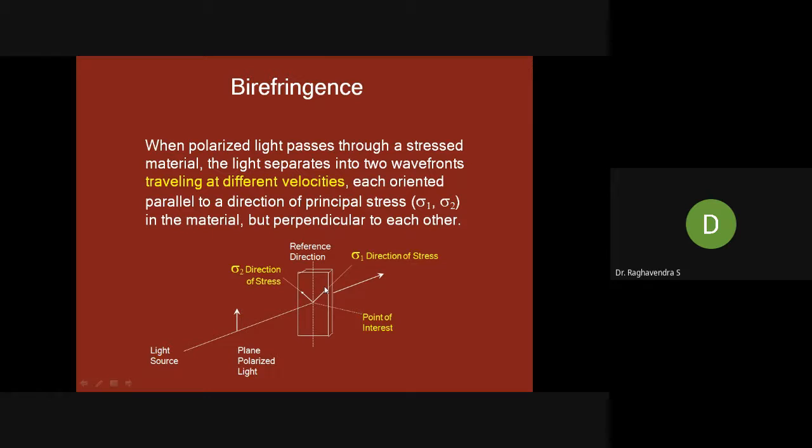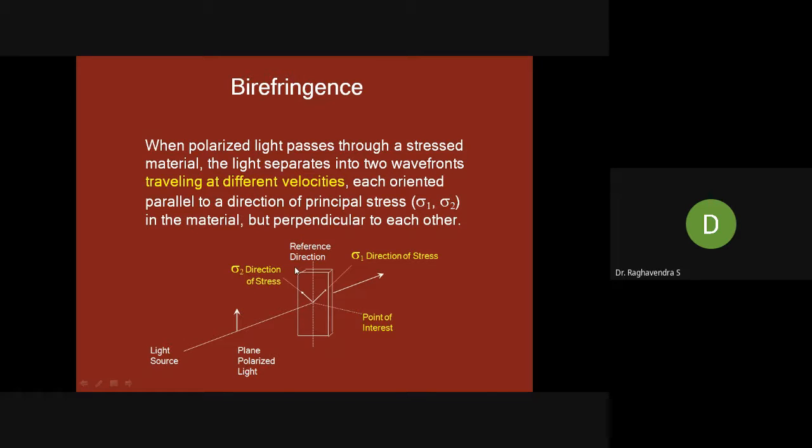At this point, I want to find out the stress, the point of interest. It is under stress, so what happens when it passes? There are two components, one in the sigma 1 direction, one in the sigma 2 direction. If you find this value and this value, I can tell what exactly the stress developed in this material is. How are we going to identify it?